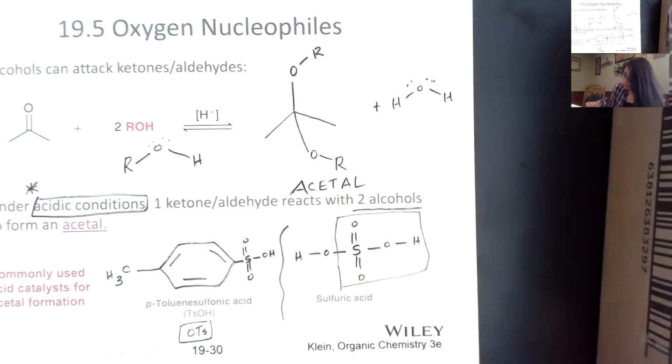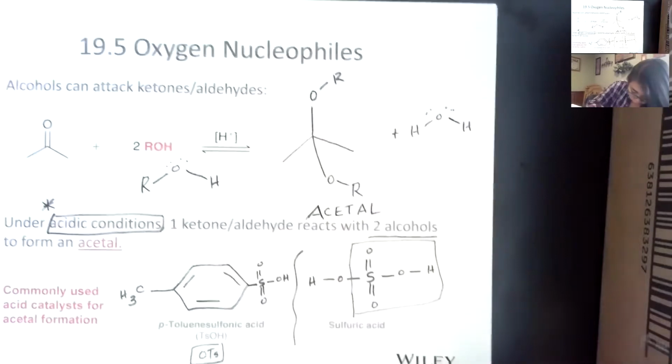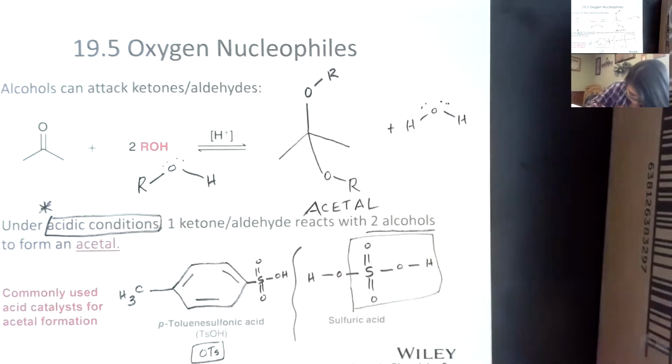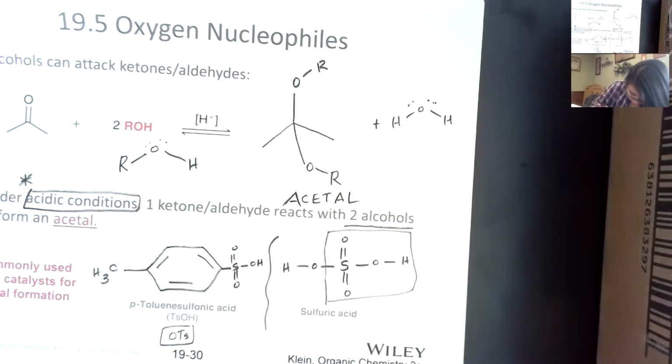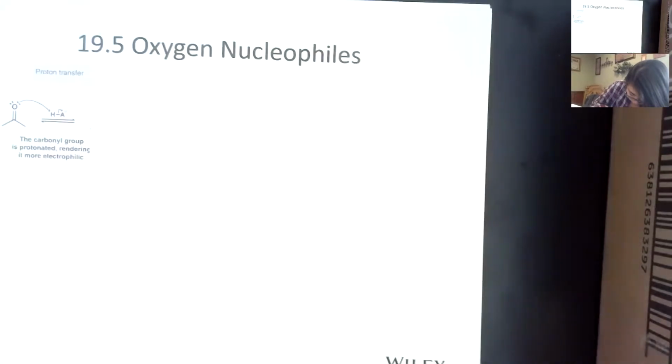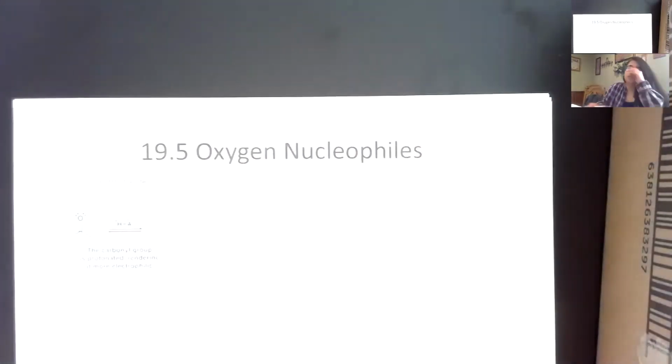Let's look at the mechanism for the formation of the acetal. It's a long drawn one, so you may need extra sheets of paper. Got that? Oxygen nucleophile.